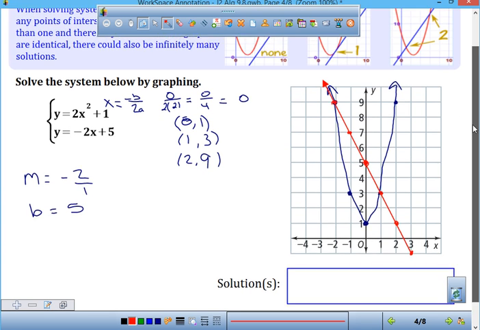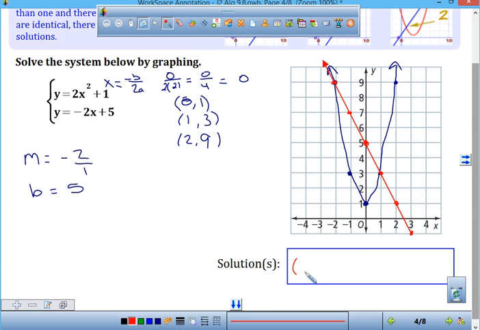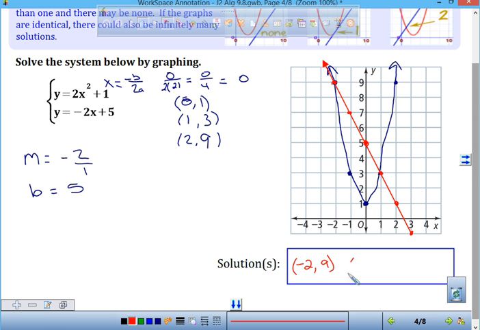The first ordered pair is (-2, 9), and then you can also have (1, 3). Both of those are our solutions. Questions on solving by graphing? M is slope. B is y-intercept. Anything else? Okay.